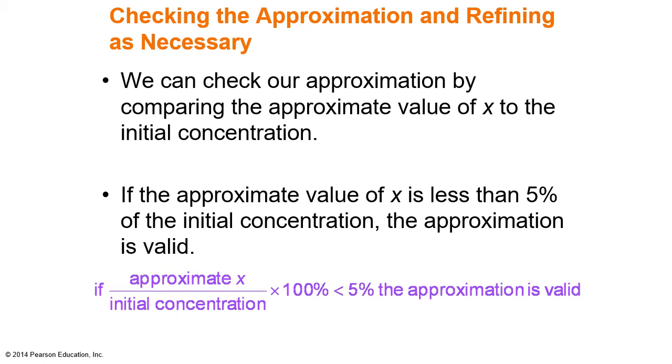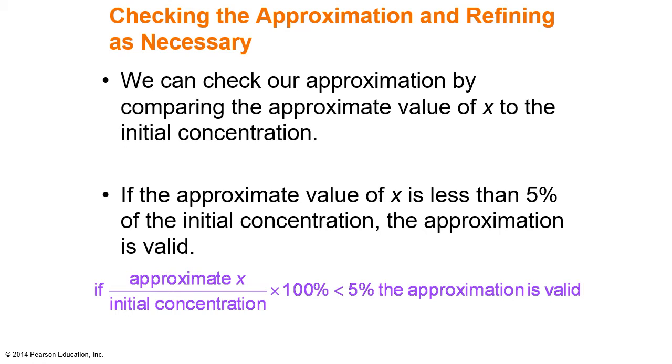Because we're making an approximation, it is good to check to make sure that it is legitimate and able to be made as an approximation. So what we can do is compare the value that we've calculated for X to that initial concentration of the reactants.